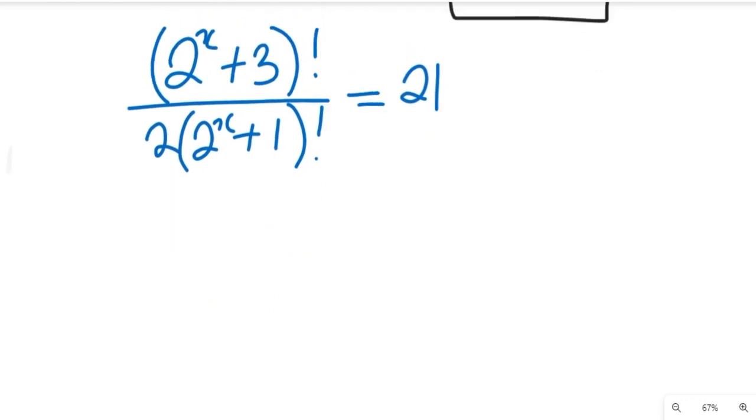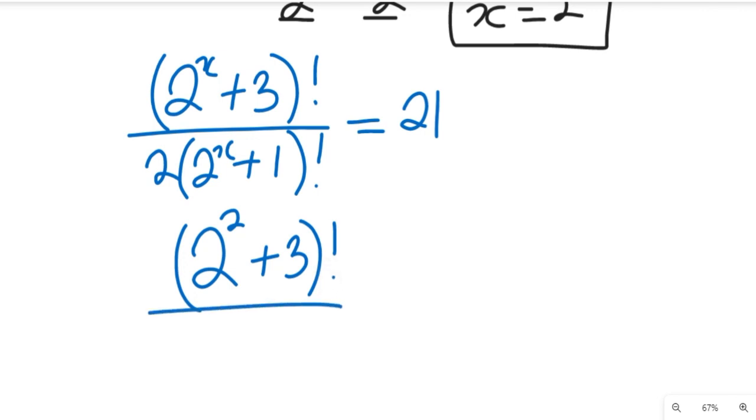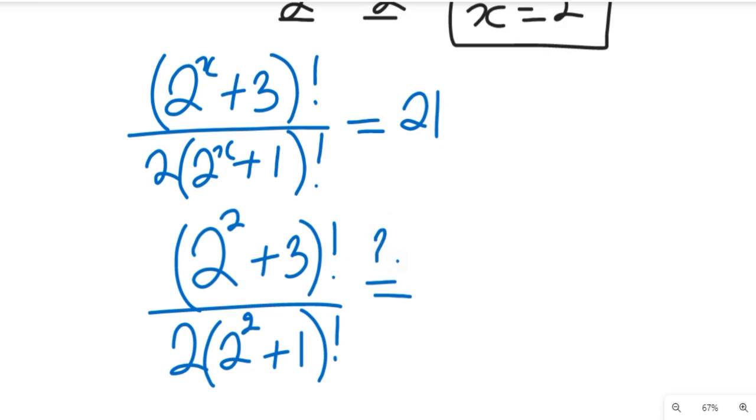So what we are going to do is to substitute the value for x into this expression. So we'll have 2 to the power of 2 plus 3 all factorial divided by 2 multiplied by, in bracket, 2 to the power of 2 plus 1 all factorial. What will it give us?